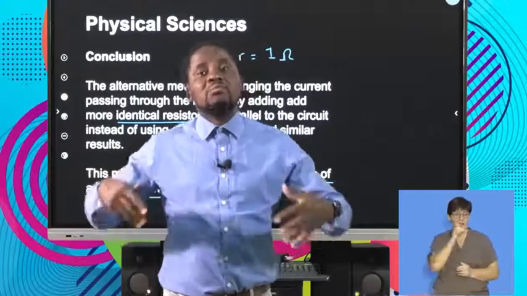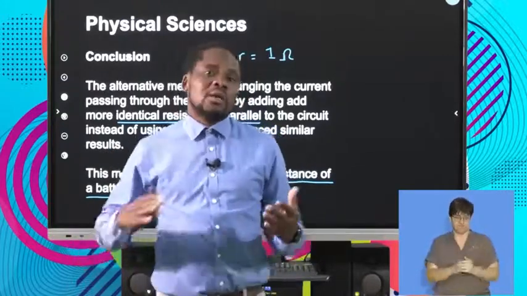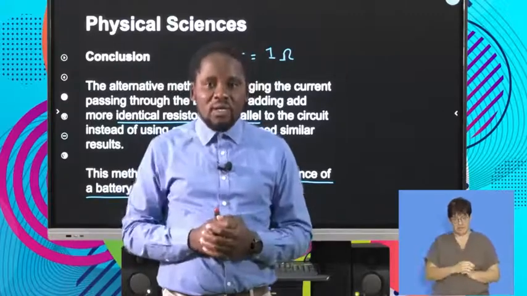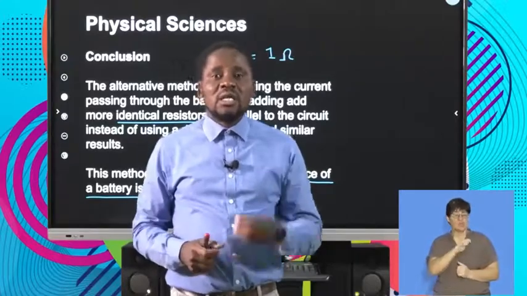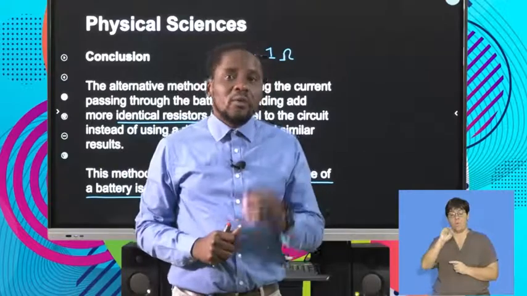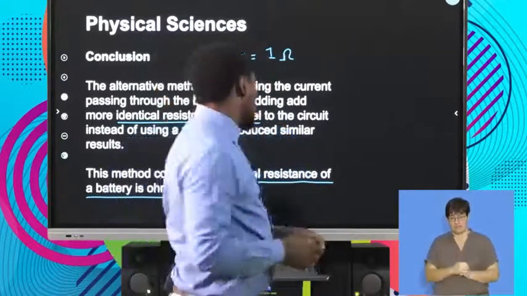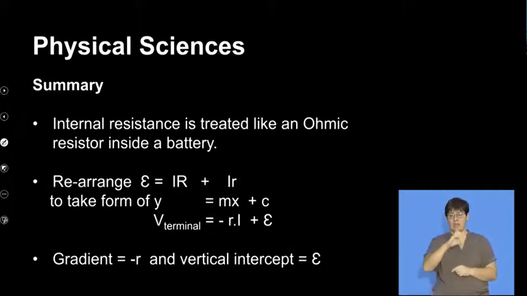What does it mean? It means that it obeys Ohm's law, which is why we managed to get that linear graph. So the linear relationship suggests that, indeed, the internal resistor inside the battery is an ohmic type of resistor. That's very, very important. So internal resistance is treated like an ohmic resistor. We are happy with that.